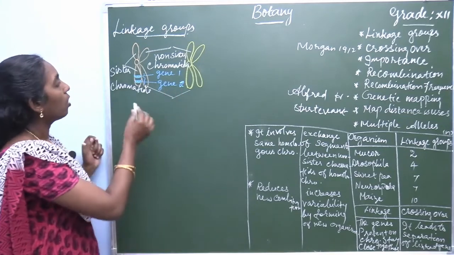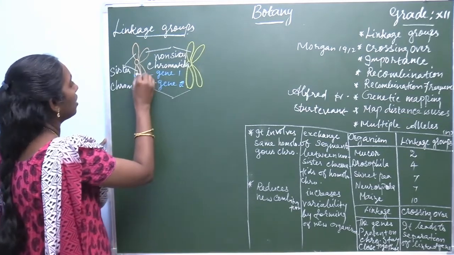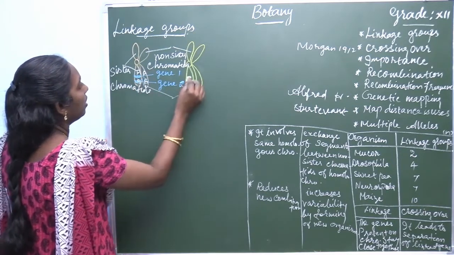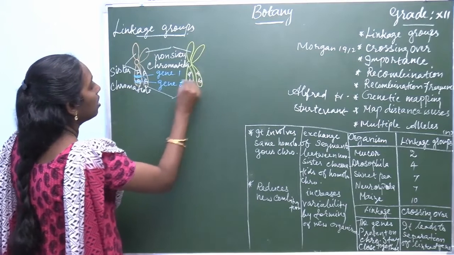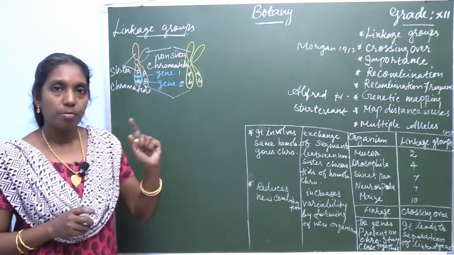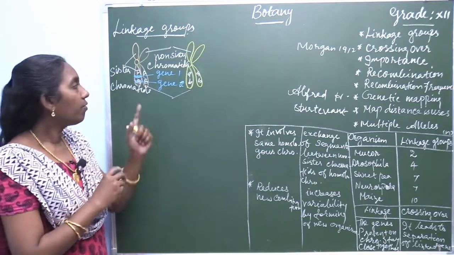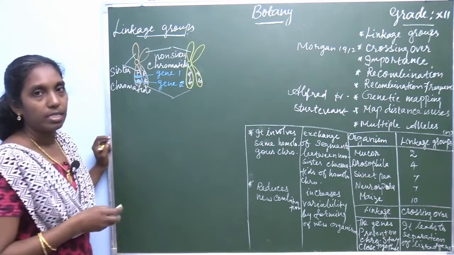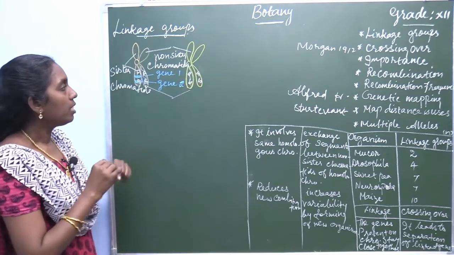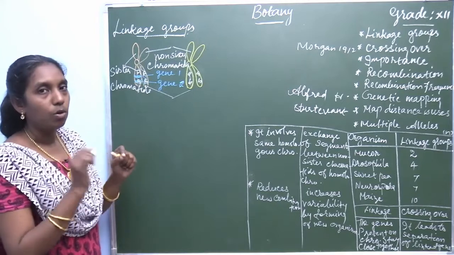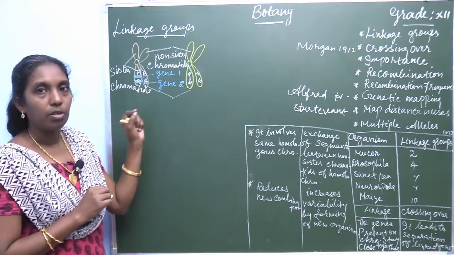The genes are located here. Here, if it is A, B, here small a, small b. Crossing over is the process by which genes are exchanged. Inside the chromosome there is a DNA segment, and from this DNA there are a number of genes located at a particular locus.